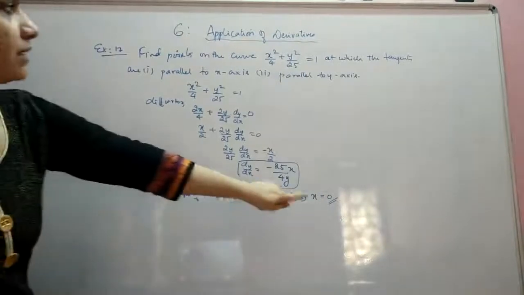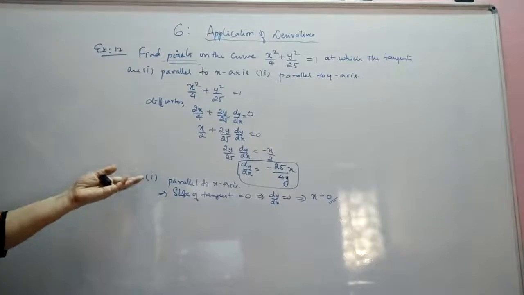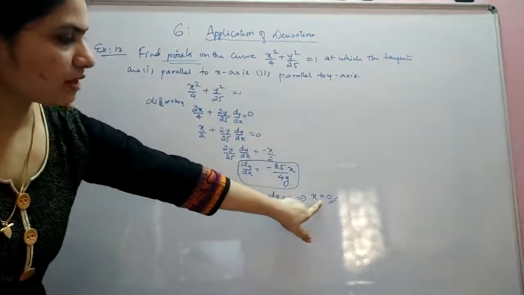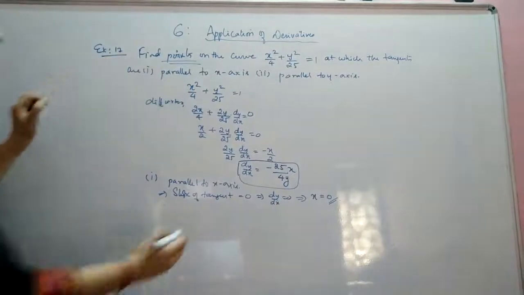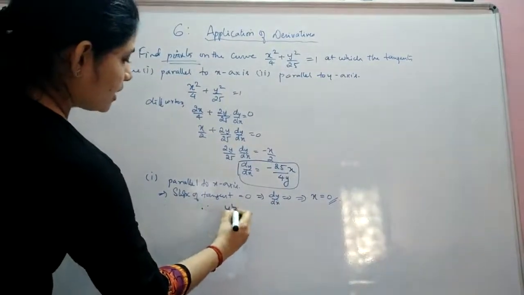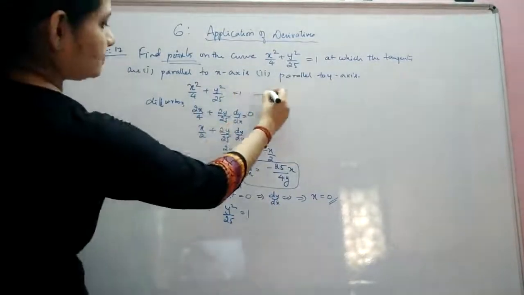Now because you have to find out the points on the curve, you have to find out what y is also. So we will substitute the value of x in the given equation in order to find out y.